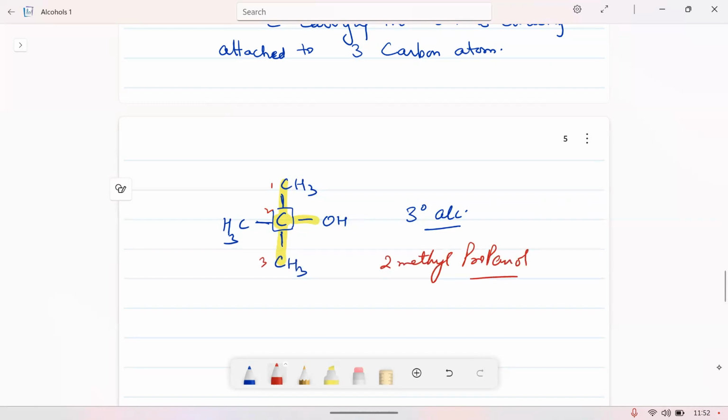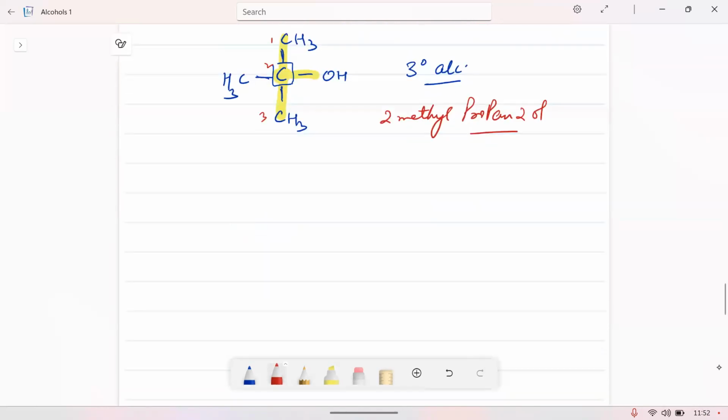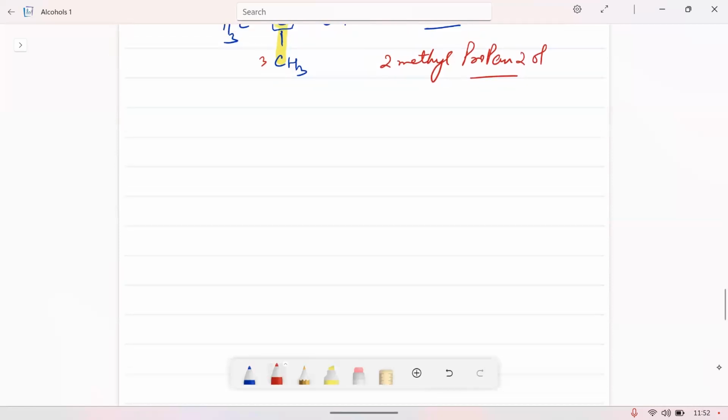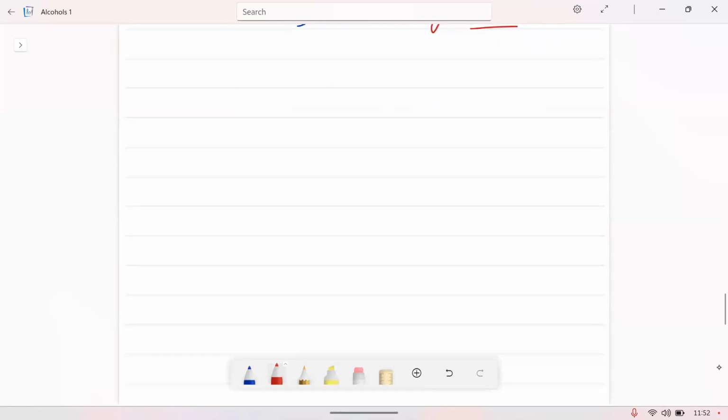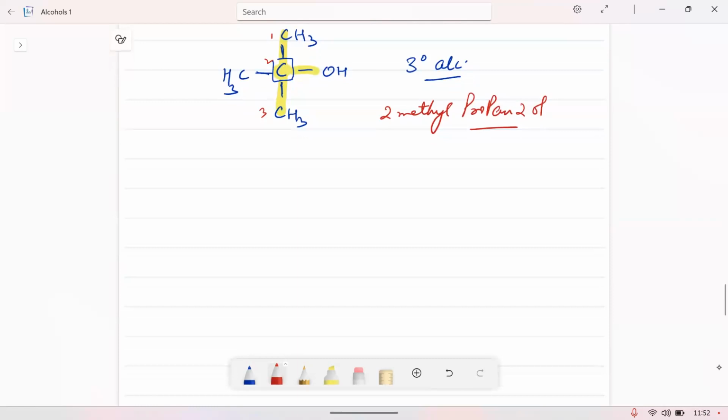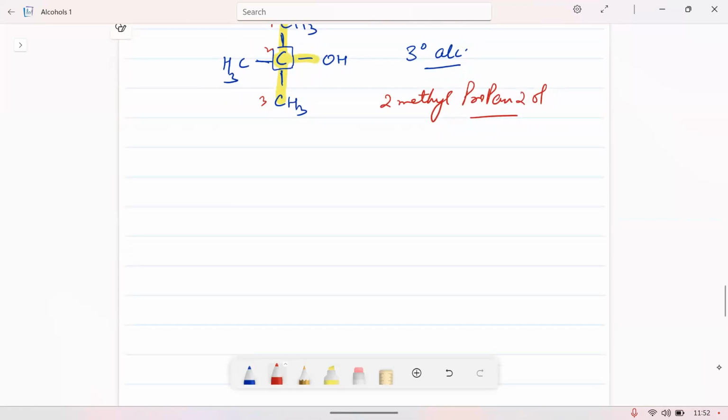So this will be propane. You have to write 2 all over here. So this was all about the nomenclature, that is naming in systematic name, classification of alcohols, and the talk about its functional group and so on.